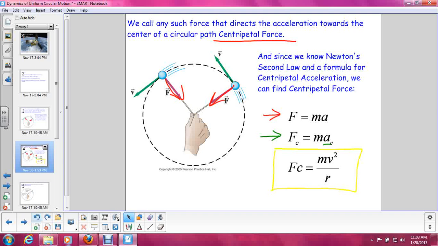So looking at this, you need to apply a greater force on an object going around in a circle if the mass is bigger. You also need to apply a greater force if the velocity is larger, if it's going faster. And you need to apply a greater force when the radius is small.